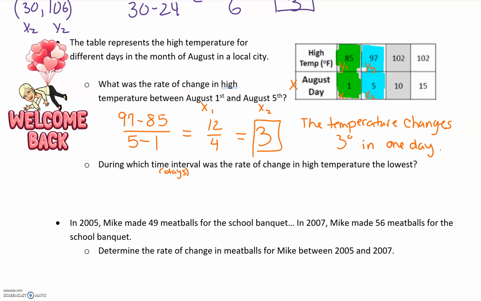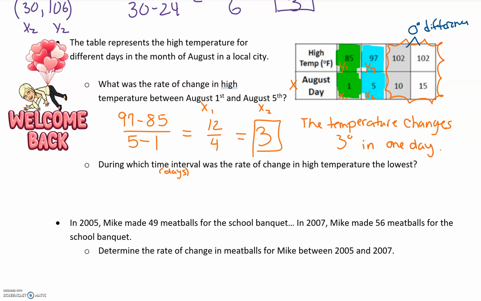But then, if we look at day 10 and day 15 over here, what do we notice about the temperature? We notice the temperature difference here is 0. So the change in here is a 0-degree difference.